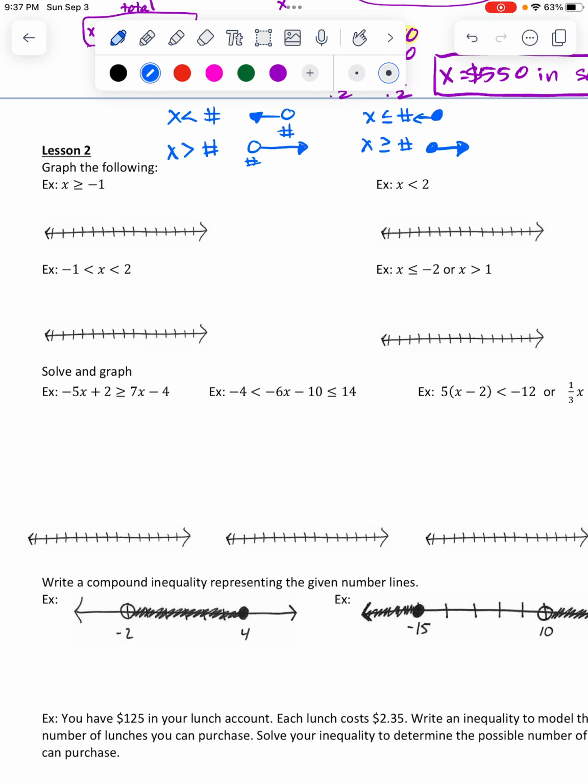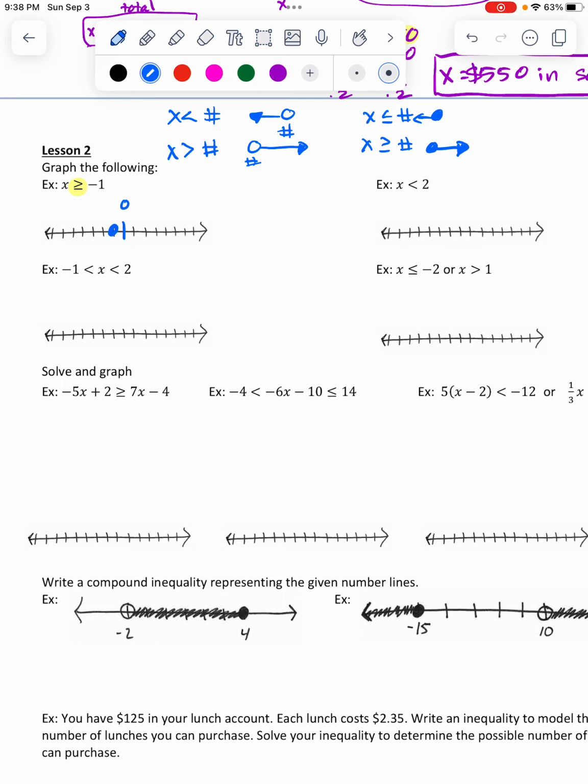Okay, so graphing, we're going to just do that. I personally don't have a lot of concern about how you draw these. I like to maybe mark 0. And then this one is greater than or equal to -1. So I'm going to have a solid circle filled in starting at -1.